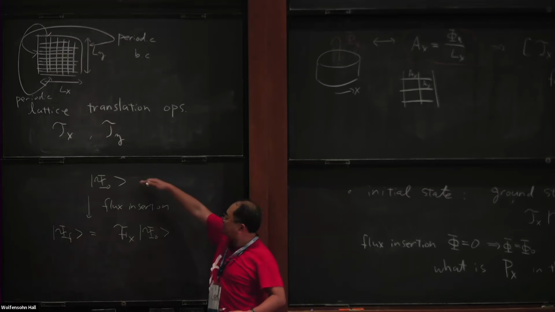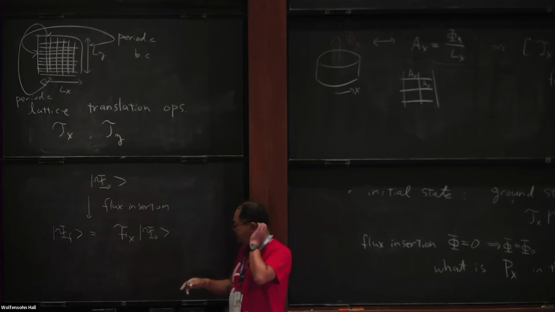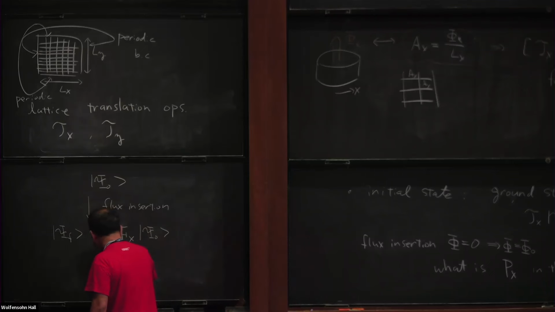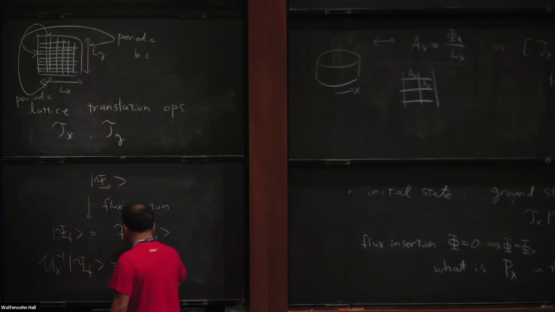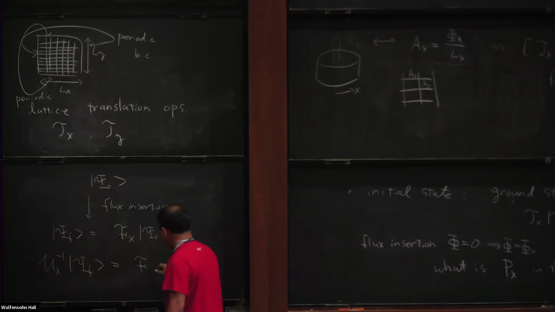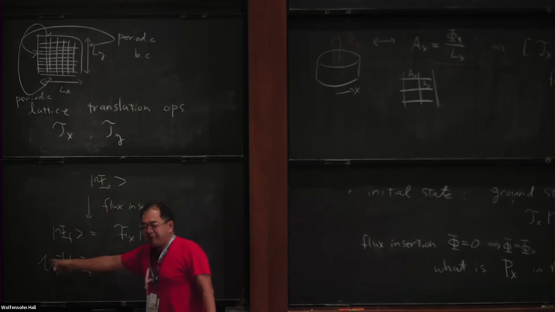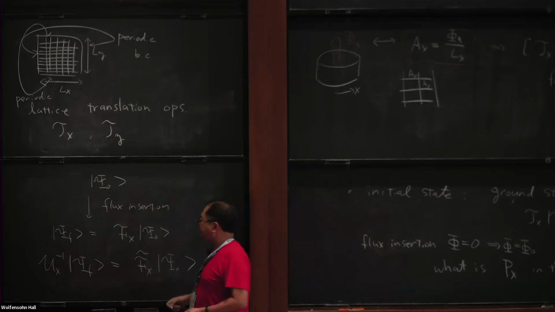So in order to compare momentum with the original ground state, you need to go back to the original gauge by eliminating the vector potential by applying the large gauge transformation. And that's precisely applying UX inverse to this final state. So UX inverse applied to the final state is what I defined as the final state tilde some minutes ago.